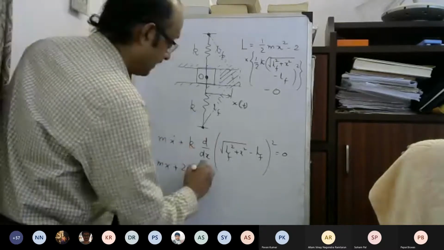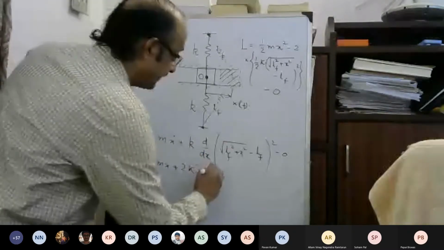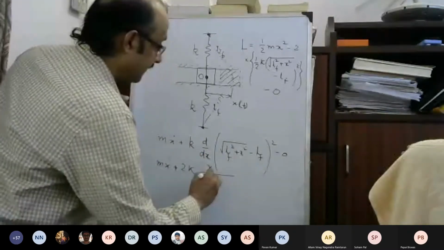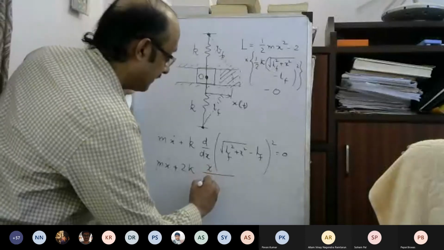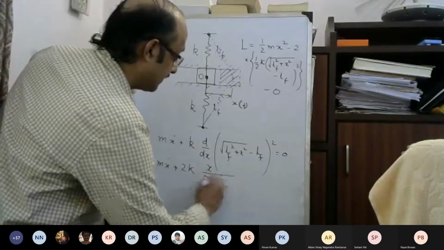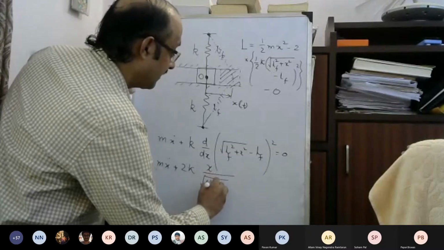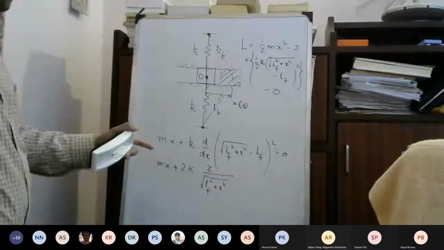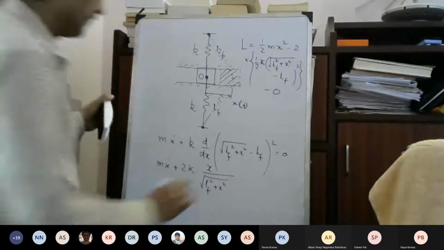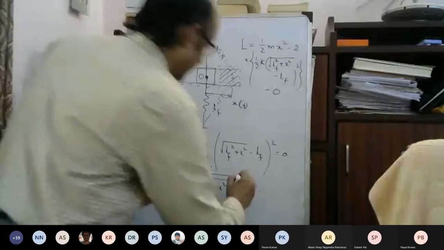and this will be 2k, and this is x divided by under root L square plus x square, times the rest.